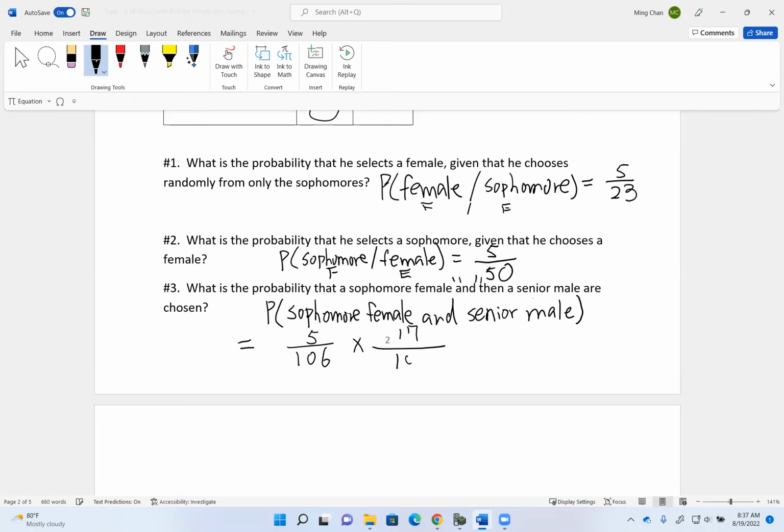There should be 105 students left. That's the reason why this is still considered a conditional probability. The sophomore female and senior male are independent from each other, but when I select the second event, it still depends on what happens with the first event.